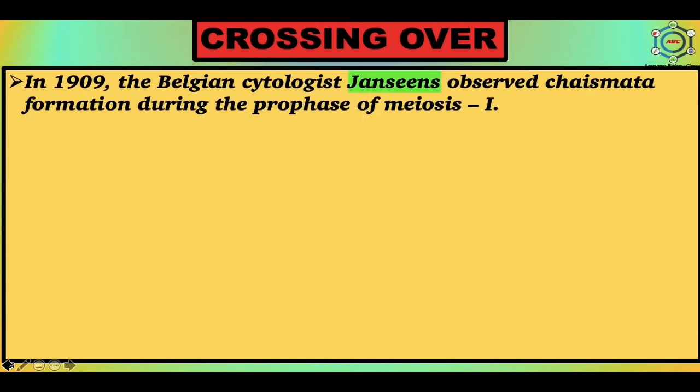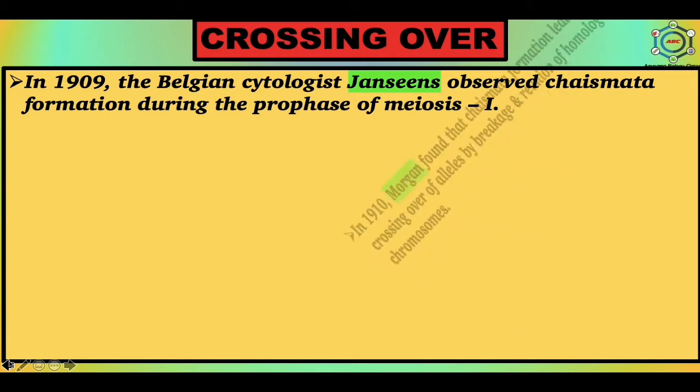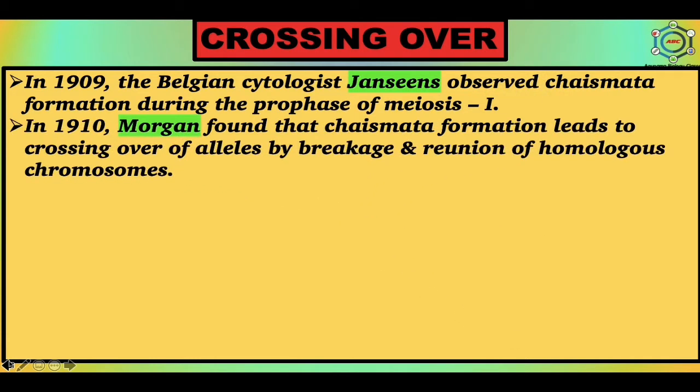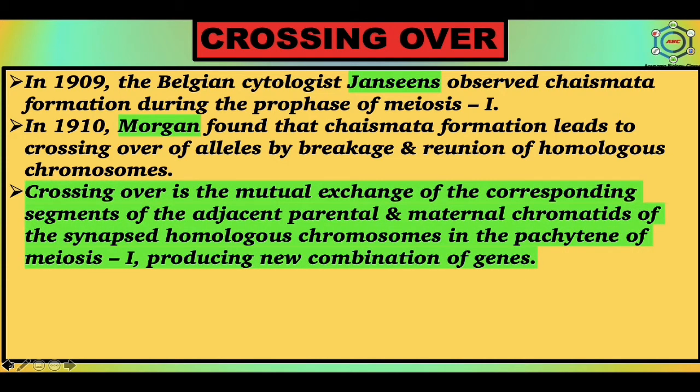Now, crossing over. In 1909, the Belgian cytologist Janssens observed chiasmata formation during the prophase of meiosis I. In 1910, Morgan found that chiasmata formation leads to crossing over of alleles by breakage and reunion of the homologous chromosomes. So, crossing over is the mutual exchange of the corresponding segments of the adjacent paternal and maternal chromatids of the synapsed homologous chromosomes in the prophase of meiosis I, producing new combinations of genes.